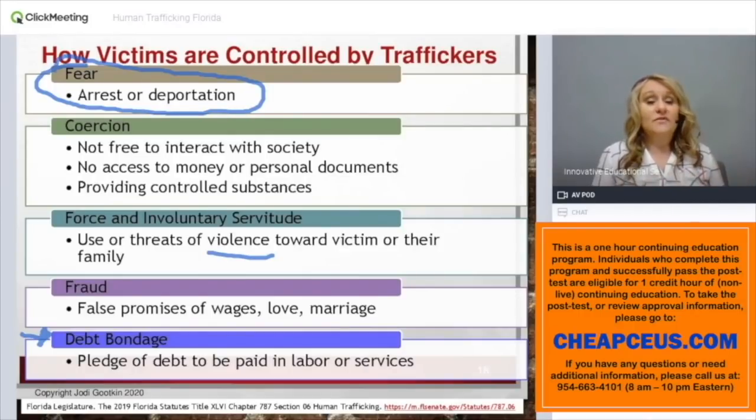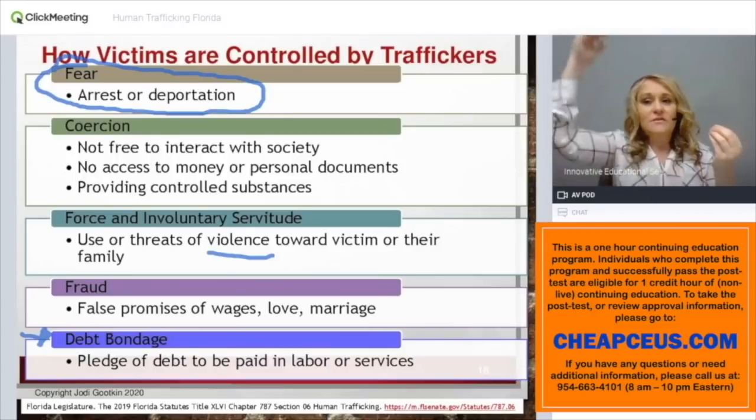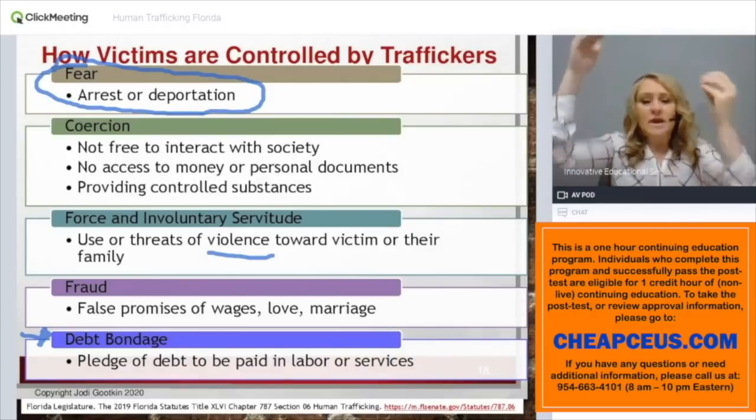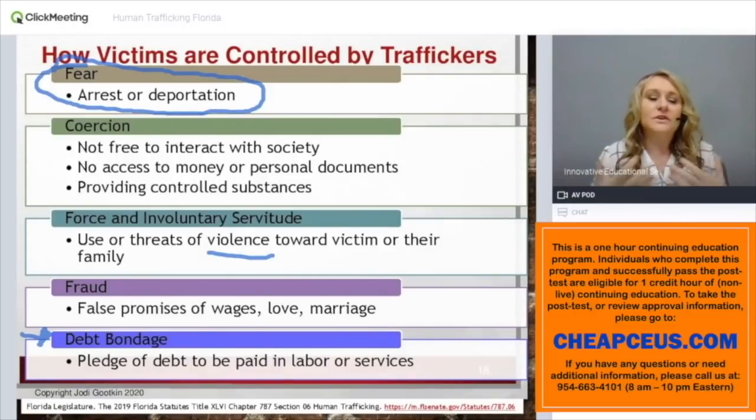And now the trafficker is continually raising that fee, charging them for rent, charging them even for toiletries. They're told, well, you can pay that off through this sexual exploitation or labor trafficking, except the wage they're given versus the debt never matches up and they never pay it off. So they're constantly stuck in this situation, which is a crime.